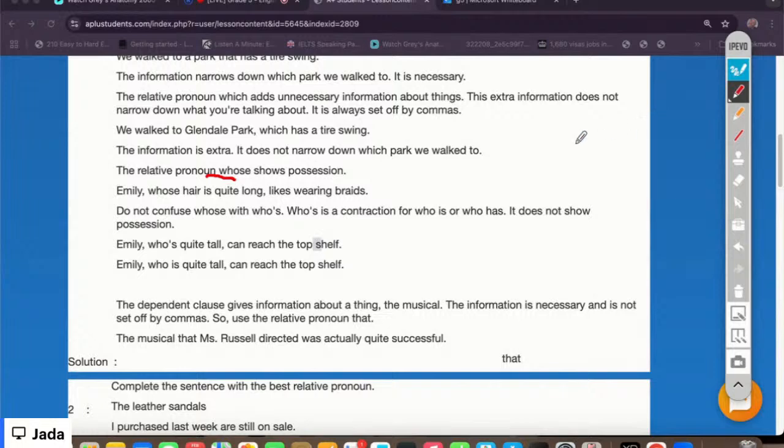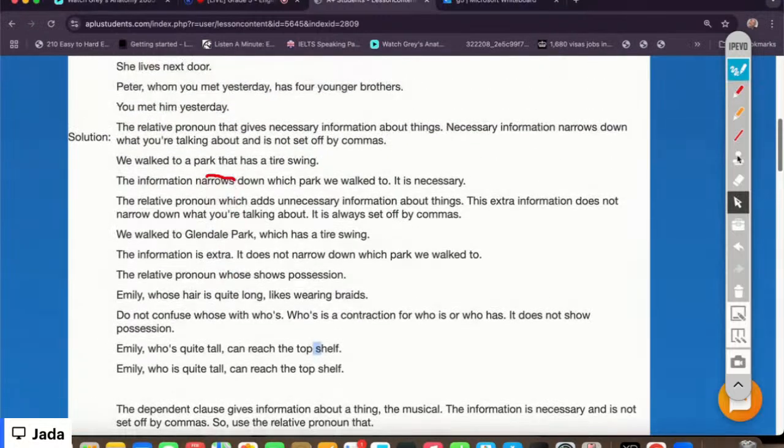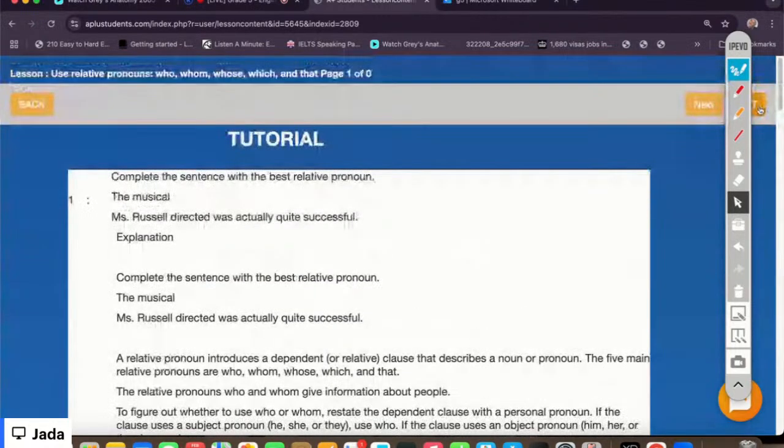All right. And then which adds unnecessary information. Then that gives necessary information about things. So there's a difference between that, which, whose, who, and whom. So if you have any questions, you can ask as we do the test.